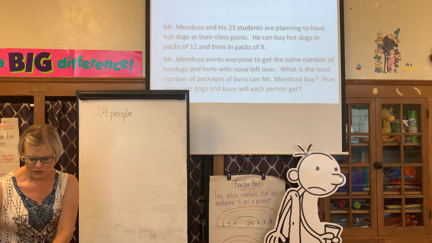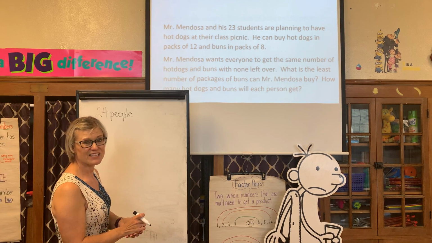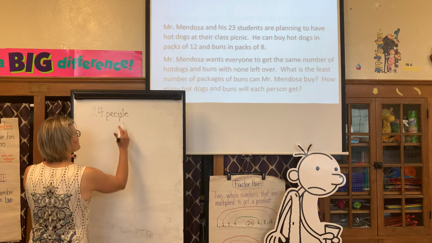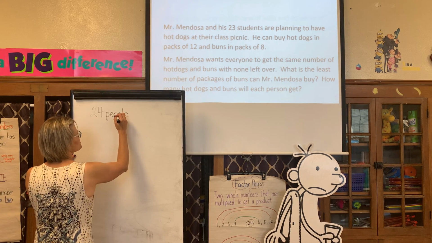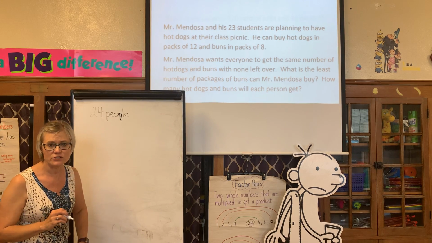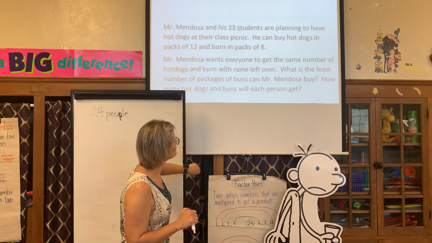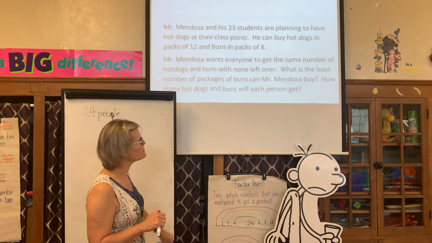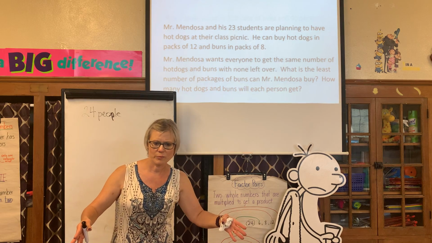All right, so when he makes his grocery list, he's going to need to know how many packages of buns and packages of hot dogs he's going to need to buy. So let's see if we can figure this out. He needs to buy 1 pack of hot dogs, 1 pack of hot dog buns.